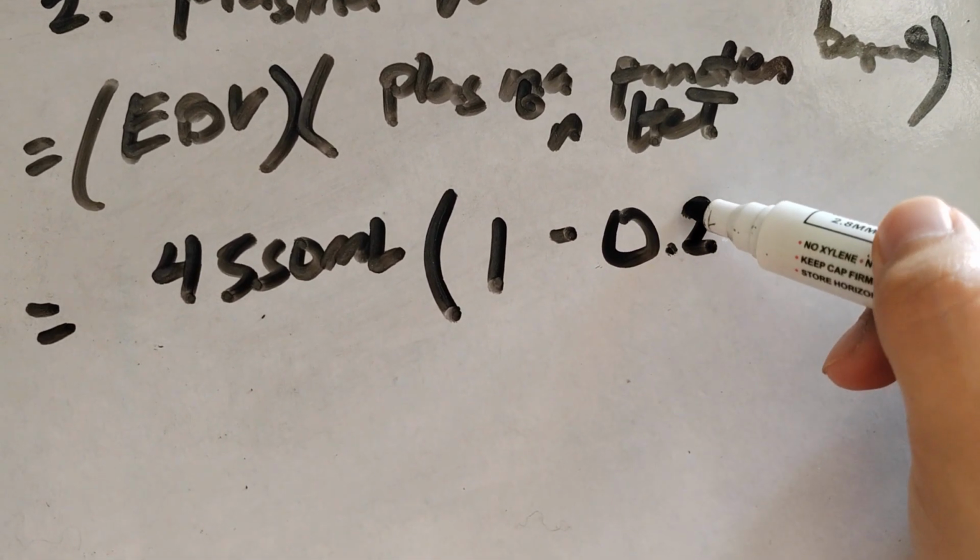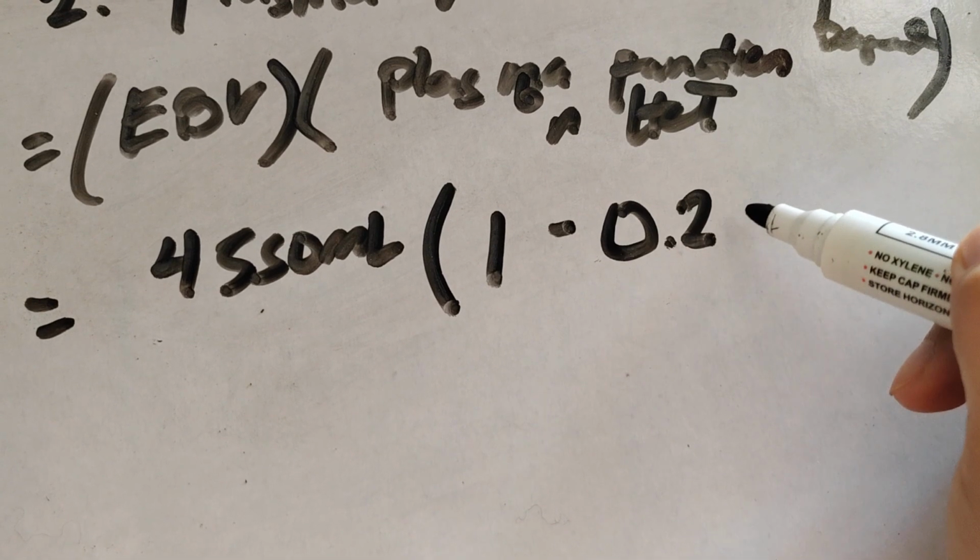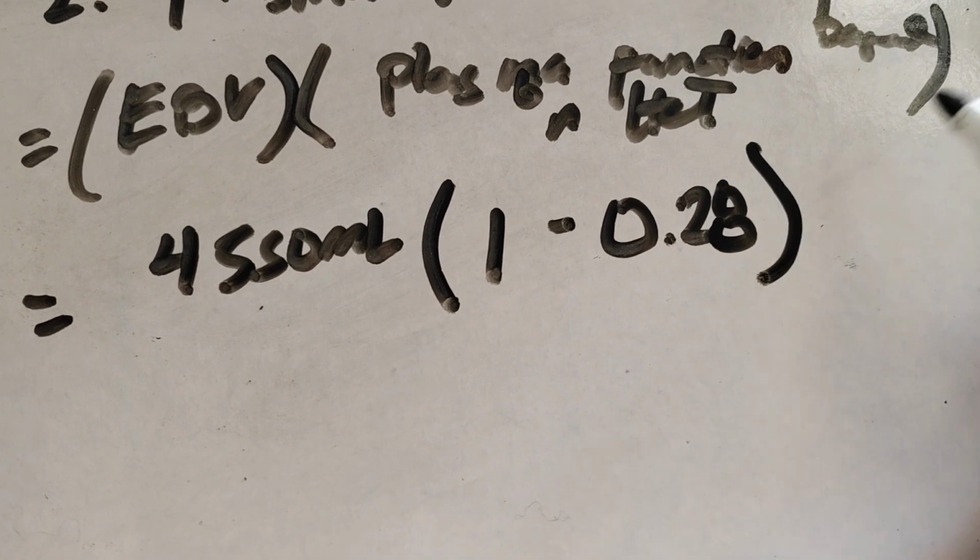Convert lang natin into decimal, move lang natin decimal point, 0.28.